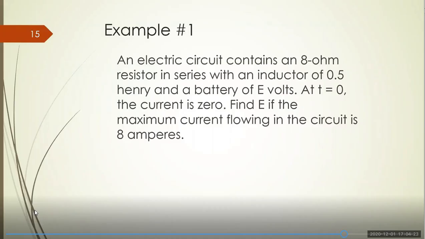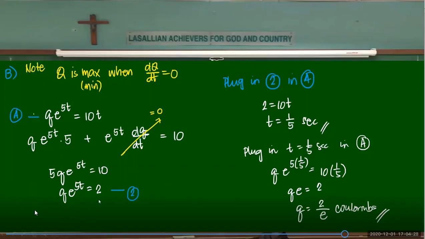Okay, 8 ohm resistor, 0.5 Henry inductor.